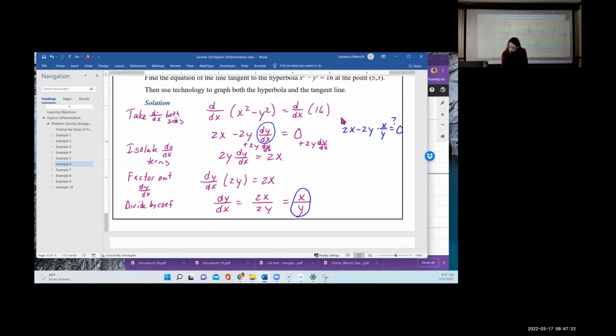So you would work this out, the y's would cancel, and you get 2x minus 2x equals 0, which is true. That's what would happen. You wouldn't get a solution of any kind, but you would get something that's true, which lets you know that that is in fact the derivative formula, right? That it does work. It is the solution.